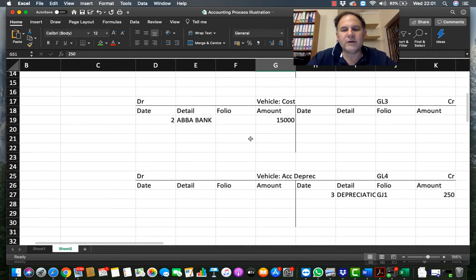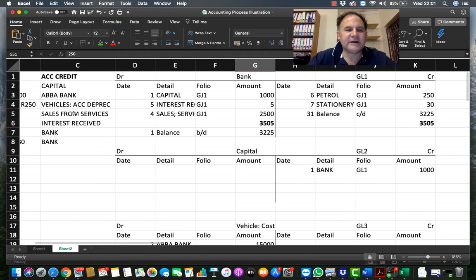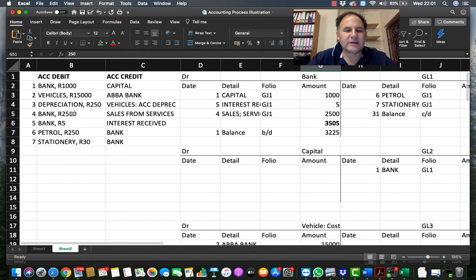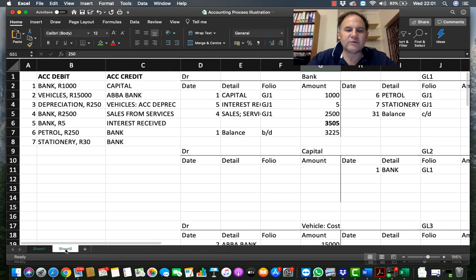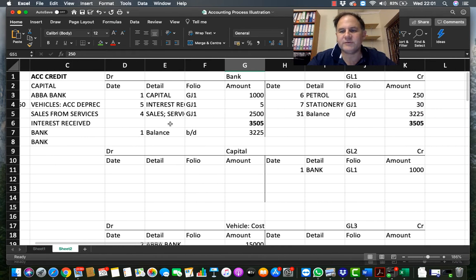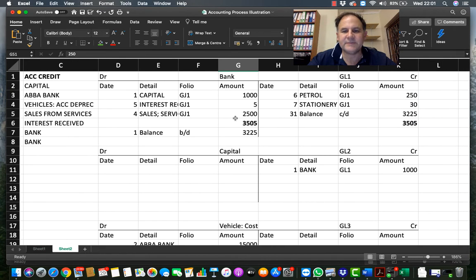So all I've done is I've learnt how to debit and credit accounts from the spreadsheet, this accounting equation worksheet. But we normally record transactions via journals, which we'll discuss at a later date, into the general ledger.